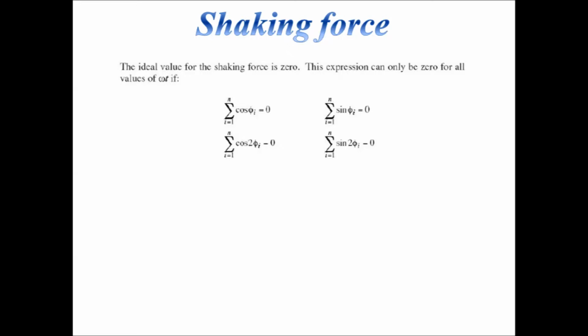So the ideal value for the shaking force will be 0. This expression can only be 0 for all the values as shown. We will add extra mass, reduce the mass, or add an extra component to balance the shaking force. Thank you.